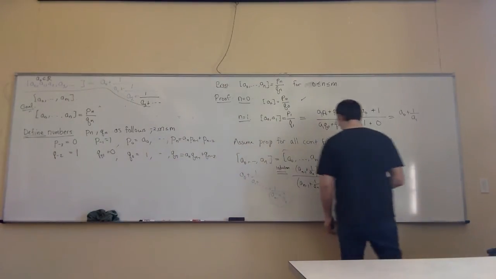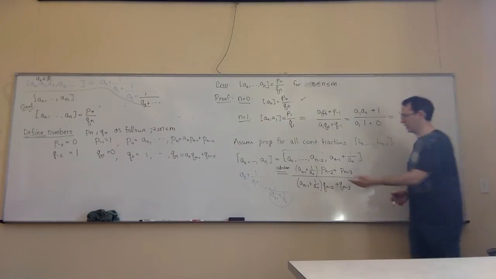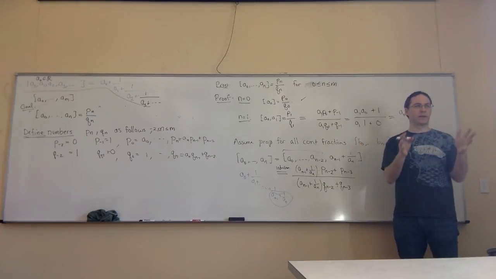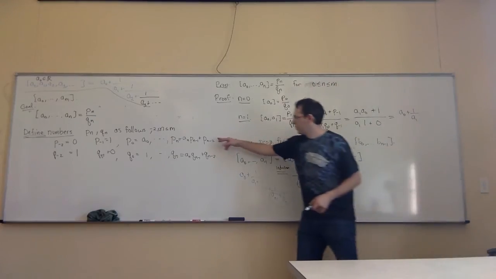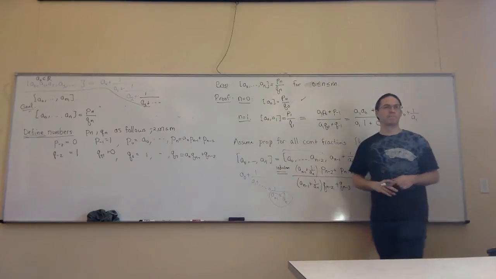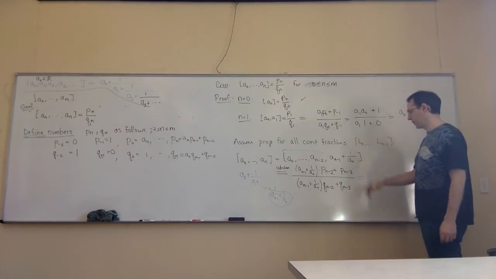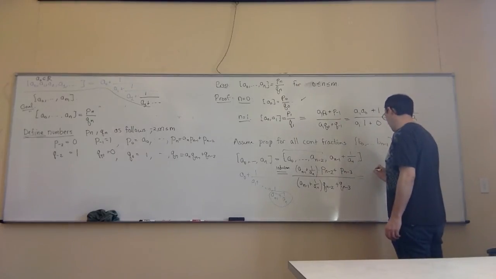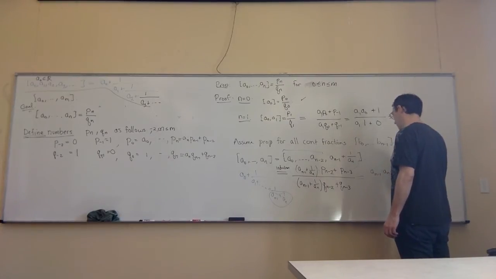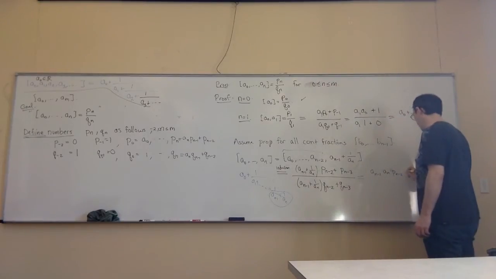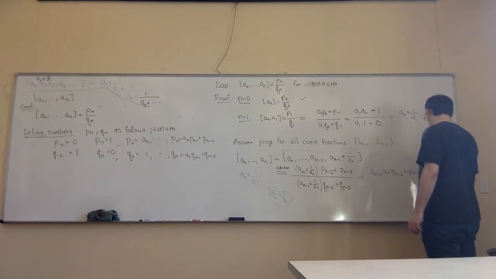So now it's kind of natural what to do. We're just going to multiply top and bottom by a sub n, and then expand it out, and then simplify it, and we're going to end up with something that looks like that over that. Okay? So let's do that. By multiplying top and bottom by a sub n, the top is a sub n minus 1 times a sub n times p sub n minus 2, plus p sub n minus 2, plus a sub n times p sub n minus 3.